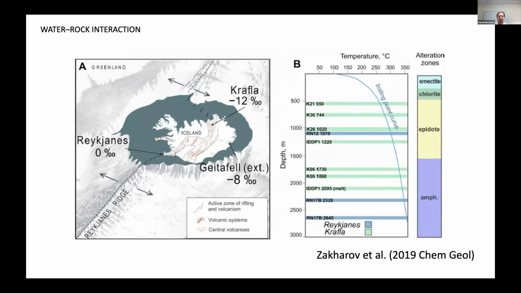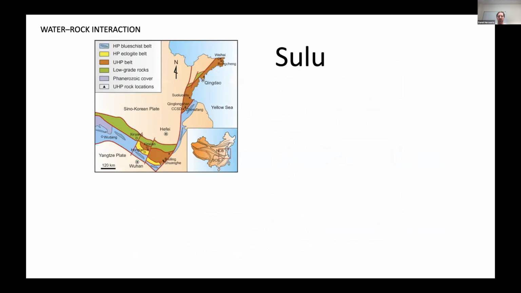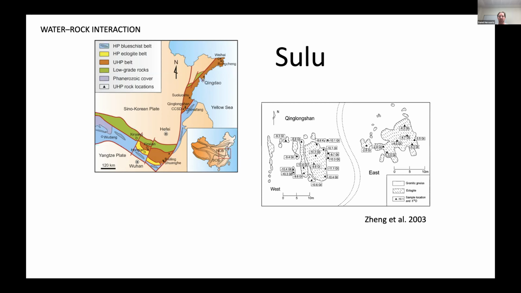Unfortunately, I do not have the time in this talk, but I want to draw your attention to fossil examples similar to Iceland. Here in the Sulu, we know that we have samples that have quite low oxygen isotopic compositions, down to -11 in this locality here.